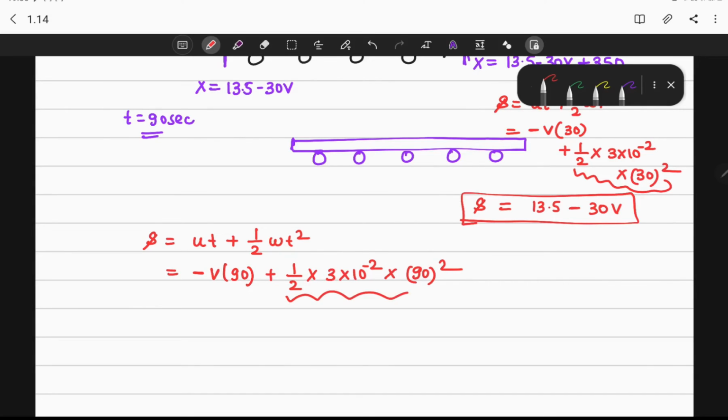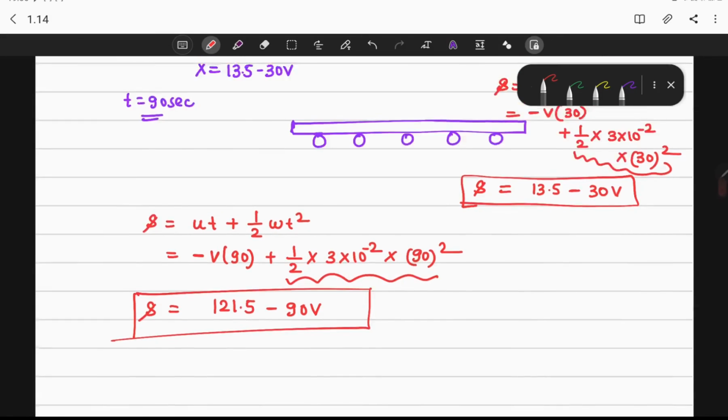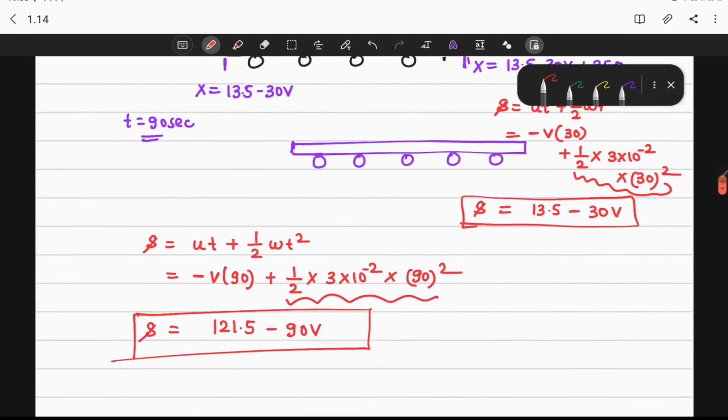So this we have found out in the previous example, that this is 121.5 minus 90v. So this is the distance moved by the train in 90 seconds.